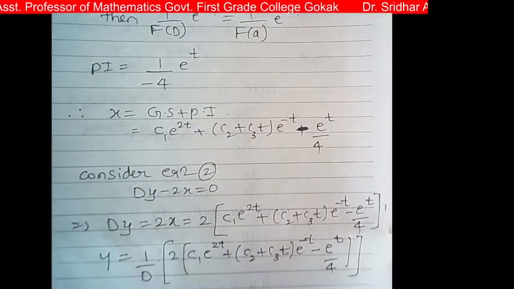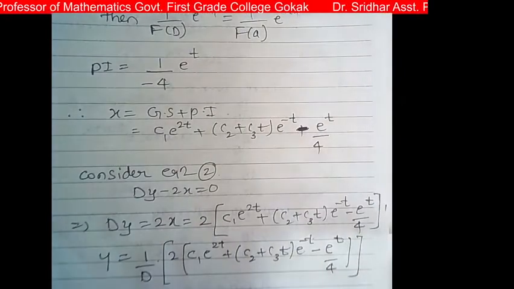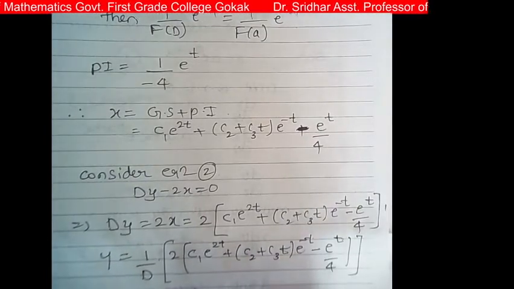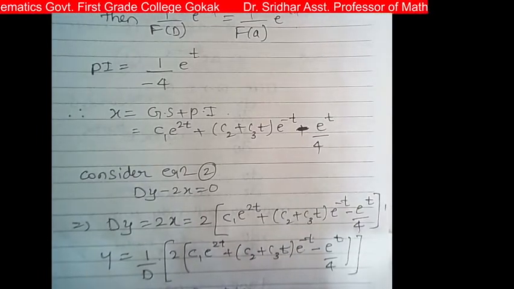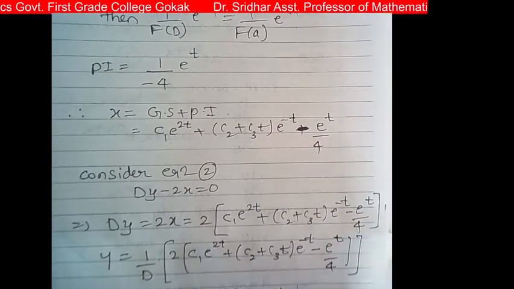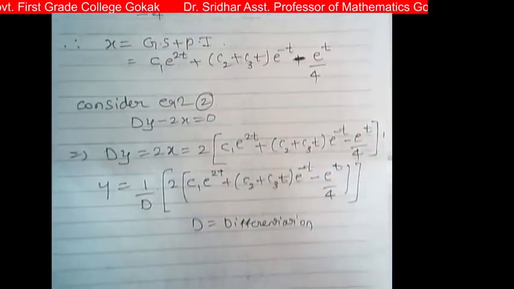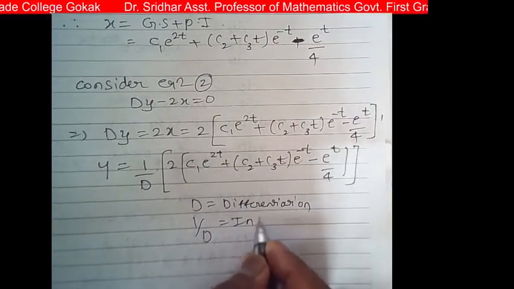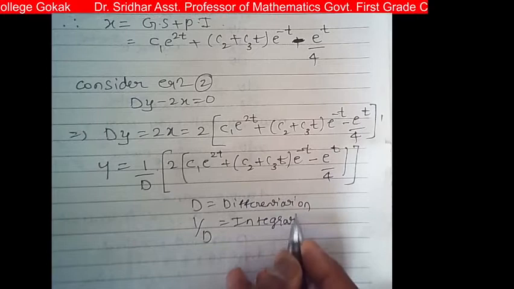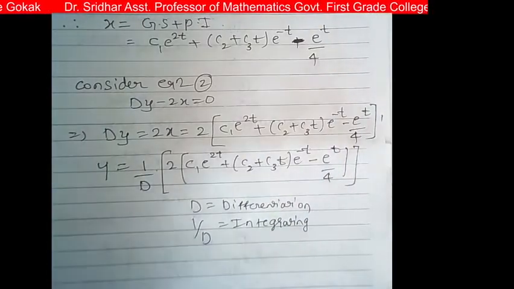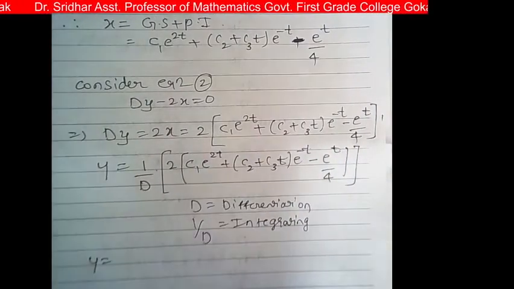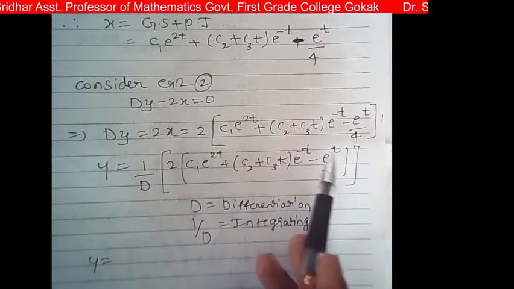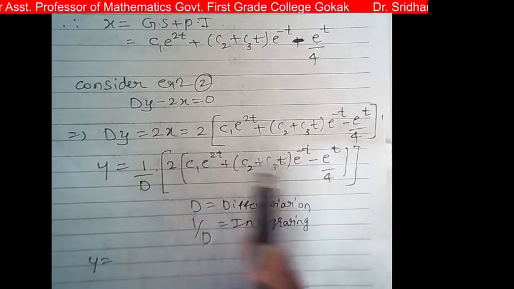Already we know that D means differentiation, so 1 by D means integration. So we have to integrate this.